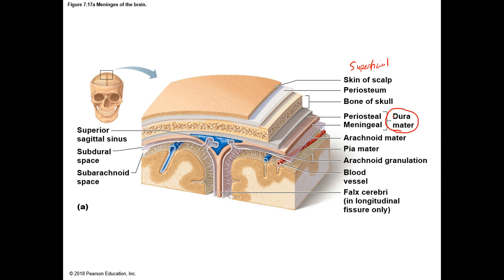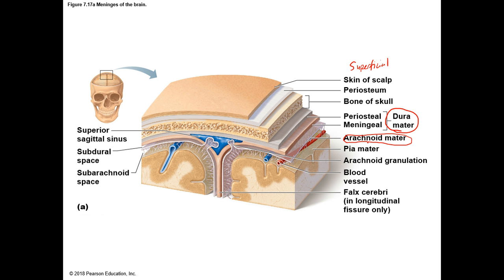This is formed of two layers. You have your periosteal layer and your meningeal layer. Your periosteal layer, notice that that's the one closest to your bone. Your meningeal layer is going to be the one that's closest towards that middle layer, so it's going to be deeper down. Your next meninges is going to be your arachnoid mater, in the middle.